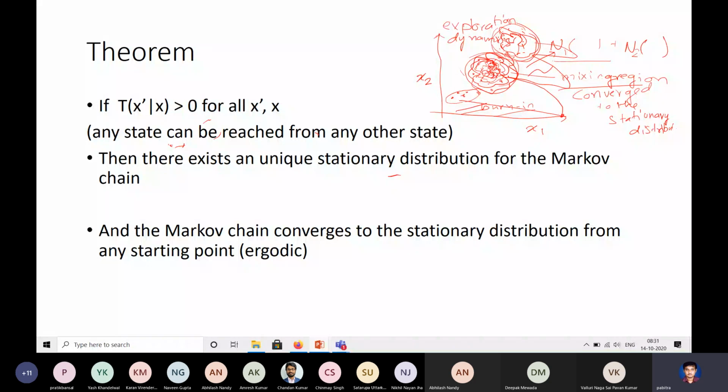If you take large steps and you are not yet in the mixing region, you stay for a longer time in the burn-in region, wandering around in the wrong way. So there is a trade-off between exploration and convergence.